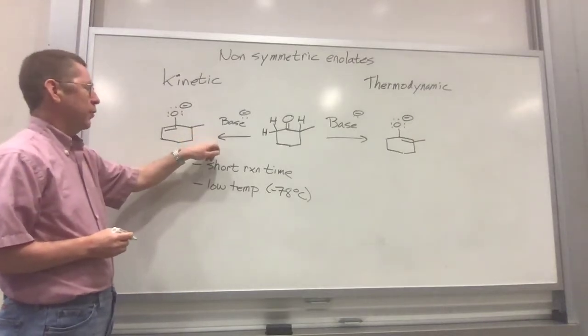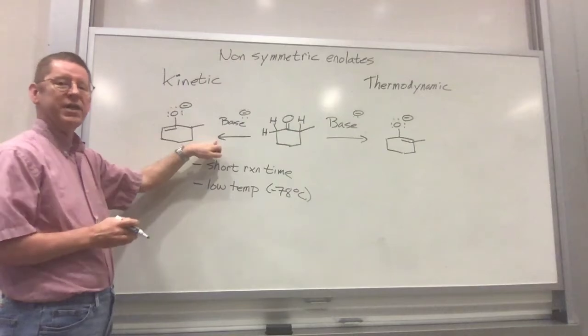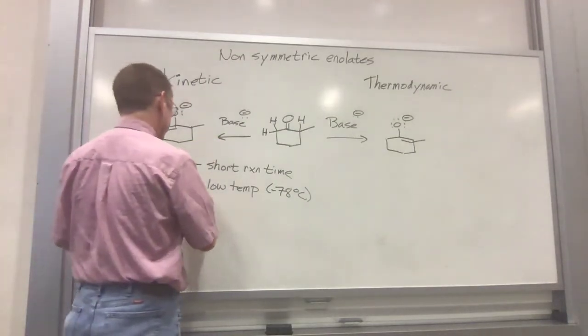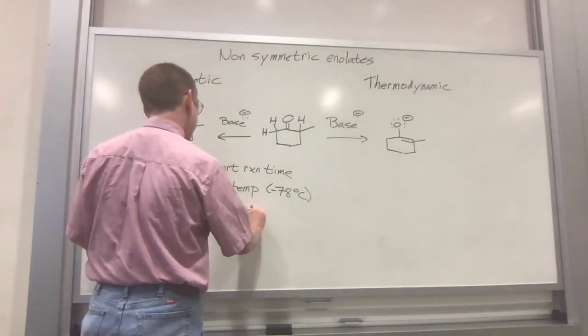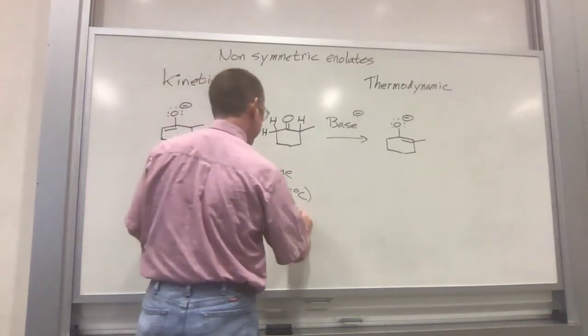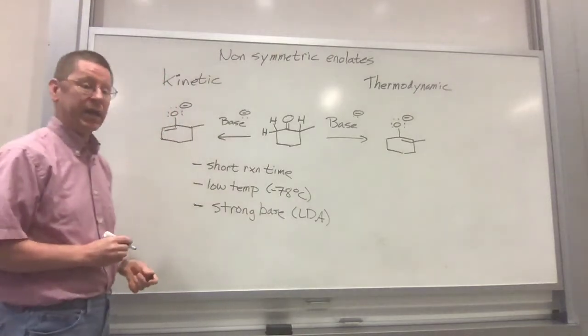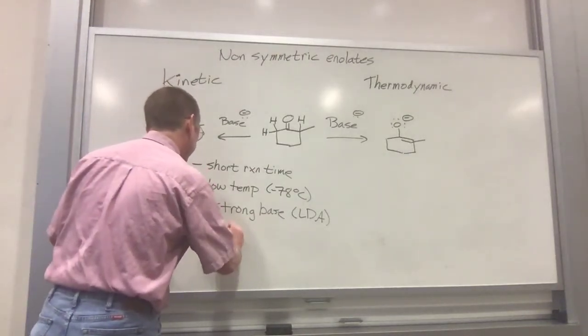The other thing we want to do is make certain that this reaction goes one way and stops. We do not want it to equilibrate. So we want a strong base. Usually we'll wind up using LDA. And we want this to be aprotic.